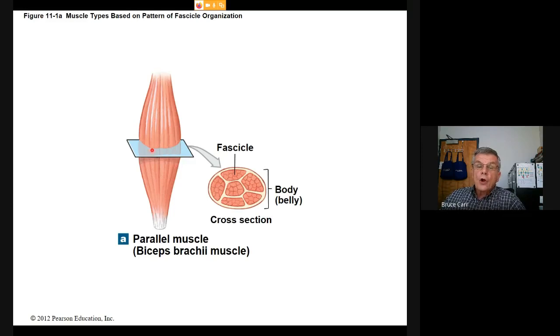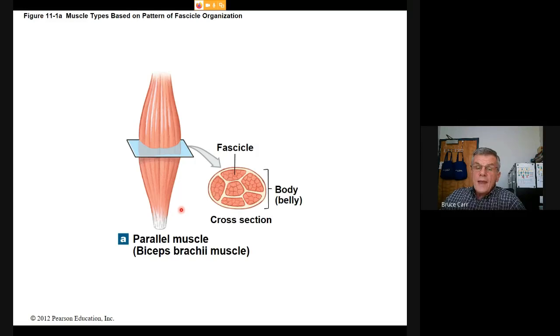So the red or contractile part of the muscle we call the body or the belly of the muscle. You can see this particular cross section would have the epimysium out here and the perimysium around the fascicles, and you can just barely see the divisions of what's called the endomysium around the fibers.